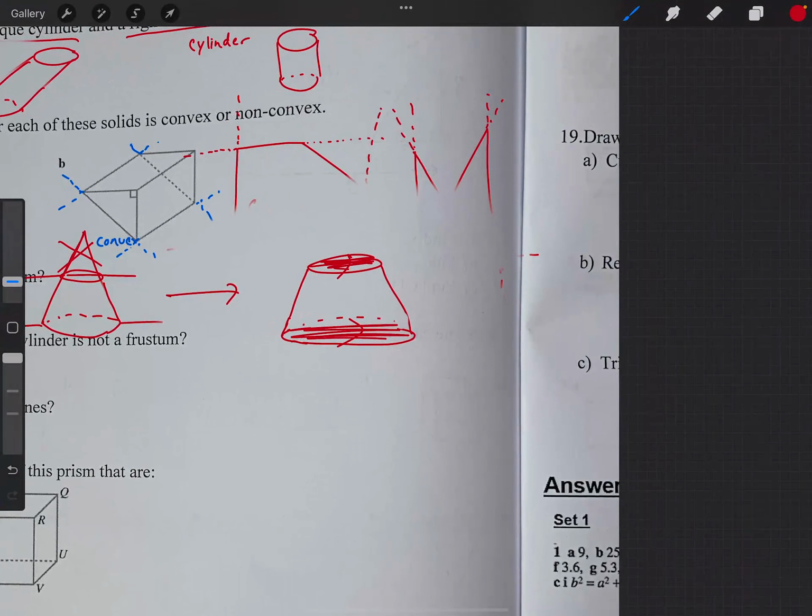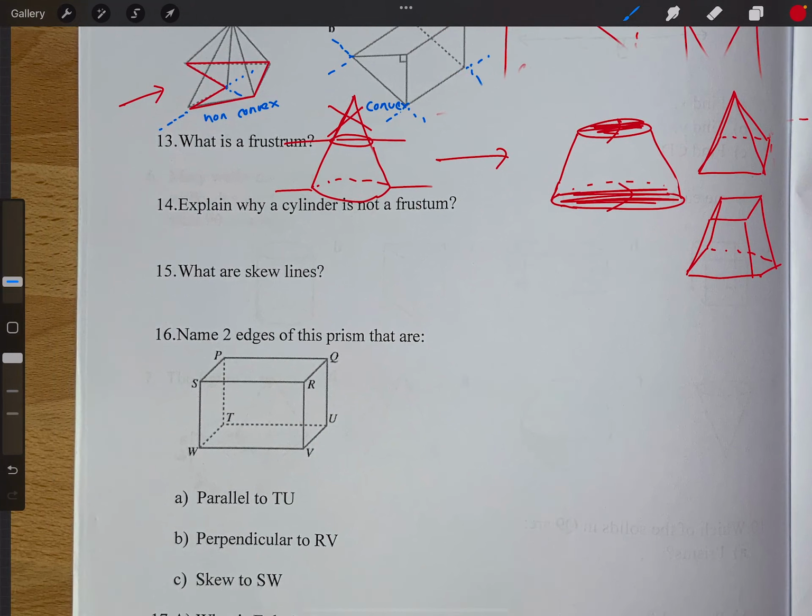It can happen also for, let's say, a pyramid. You cut this pyramid, it'll look something like this. Now, question 14. Explain why a cylinder is not a frustum.